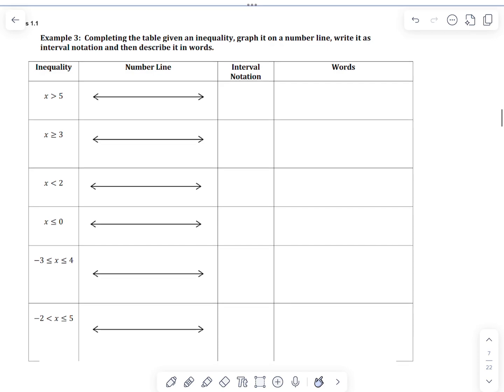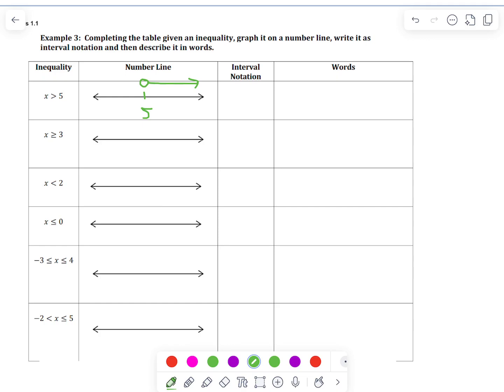All right, now we're going to go ahead and complete this table. We're giving you an inequality on the left. We want you to graph it on the number line, write it as an interval, and then complete the words. The first one says x is greater than 5. So I'm just going to put 5 on the number line, just a little sketch. It is not including 5, so I'm going to put an open circle, and it's going greater, so it's going to the right.